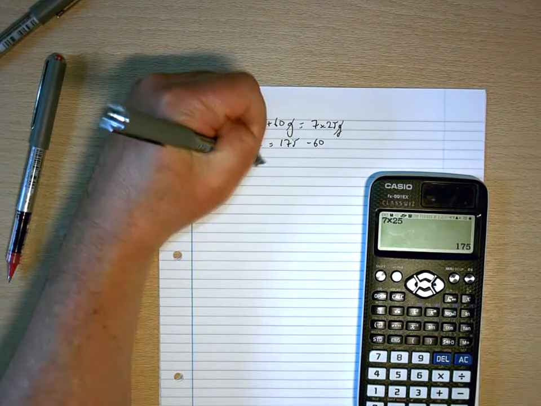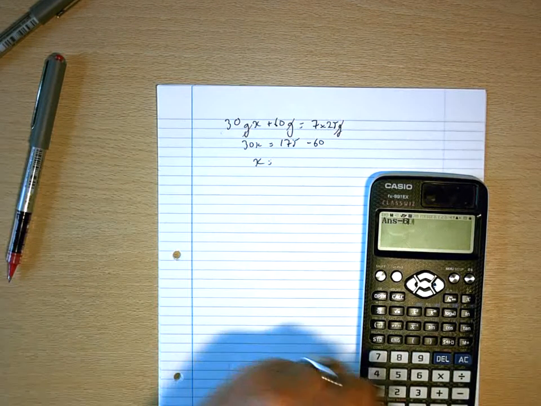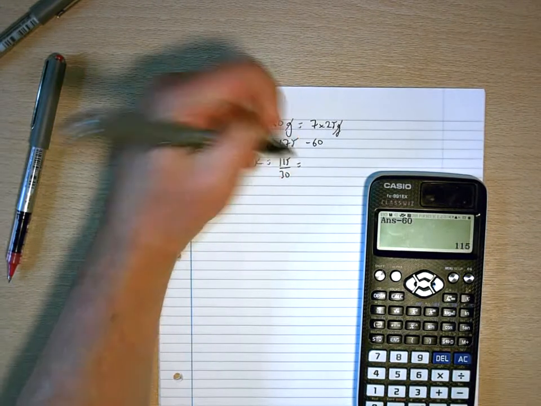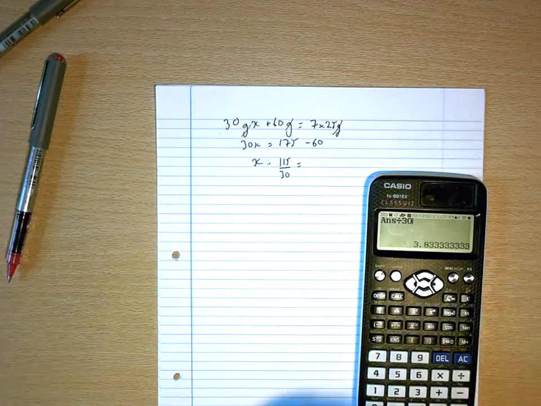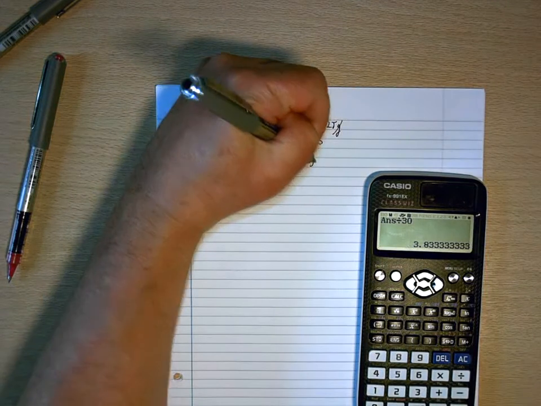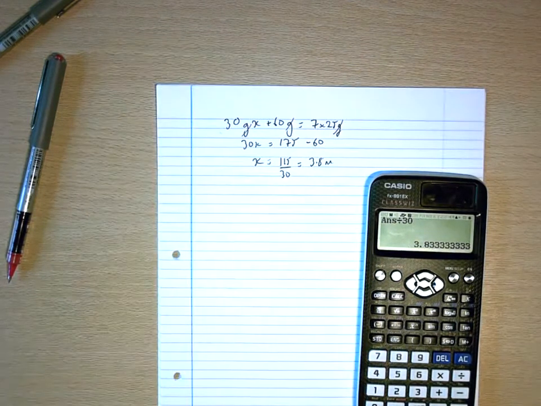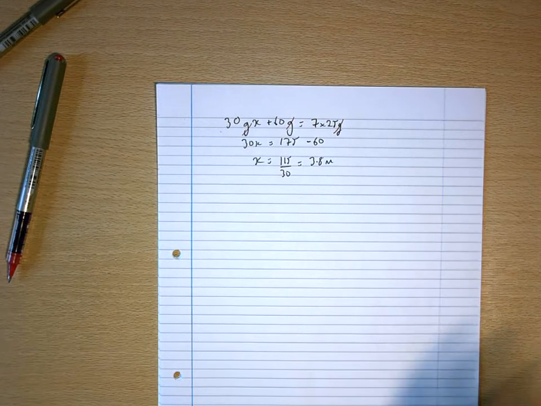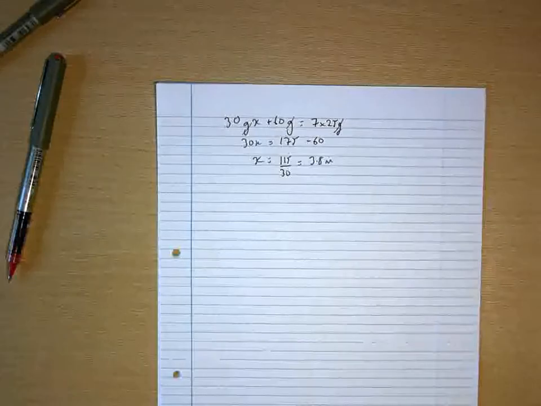So X will be 175 minus 60, which is 115 over 30, which is 3.8 meters. So that's question 3.